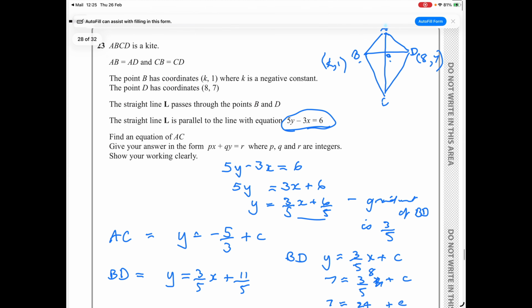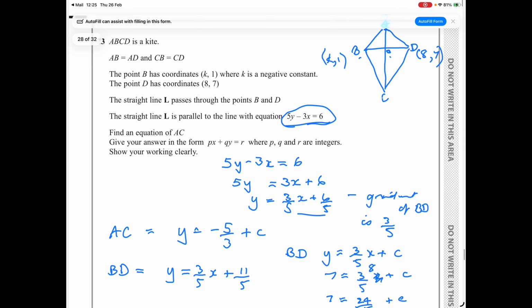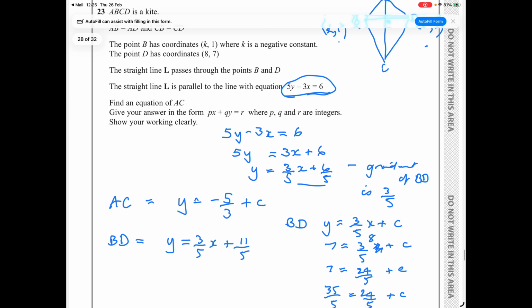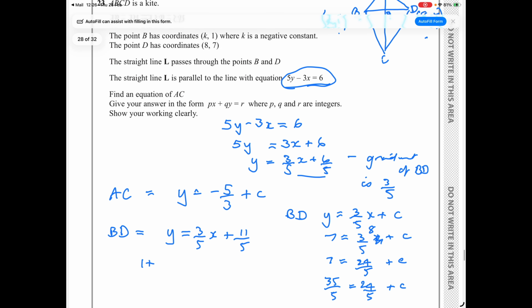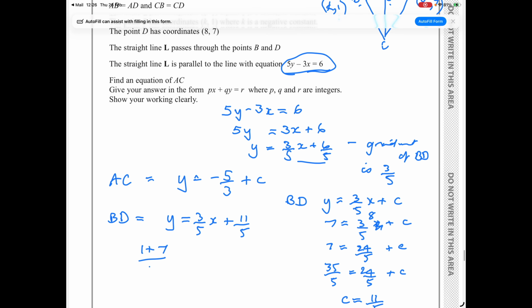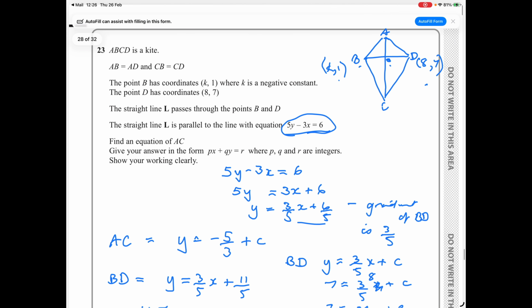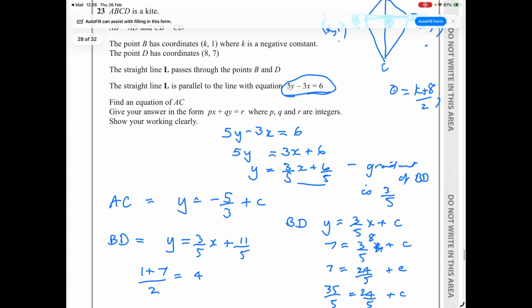Now, the reason why this is useful is that we can now find the midpoint for the y coordinate. So the midpoint for the y coordinate is 1 plus 7 over 2, which gives us 4. So we know that this point here, I'm going to call it 0, is k plus 8 over 2 and 4.